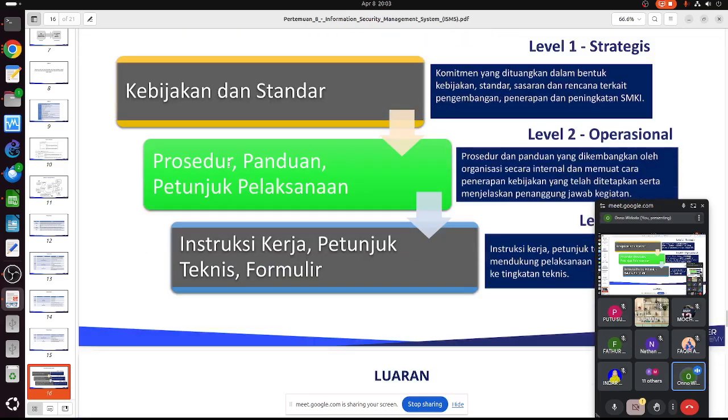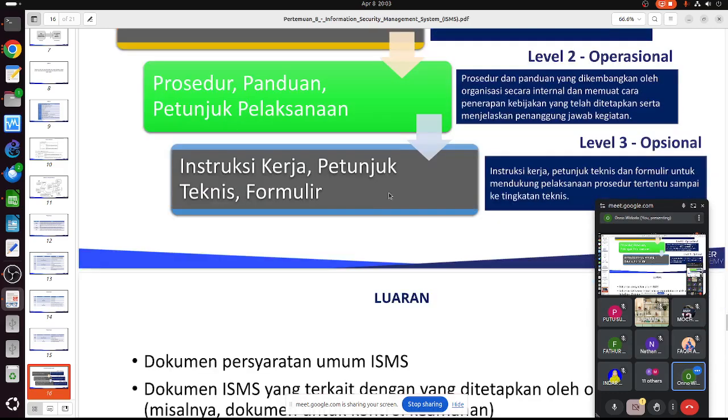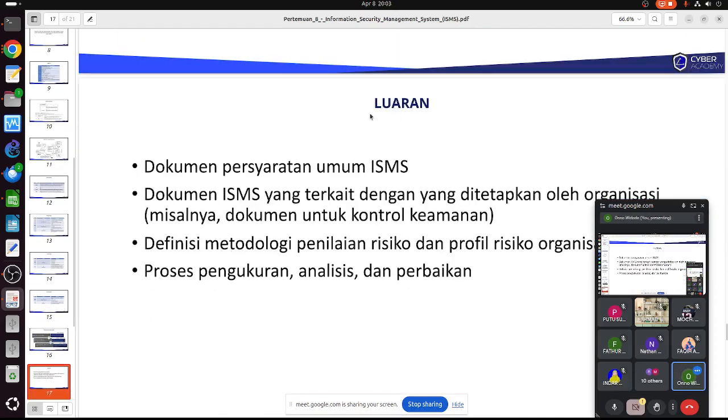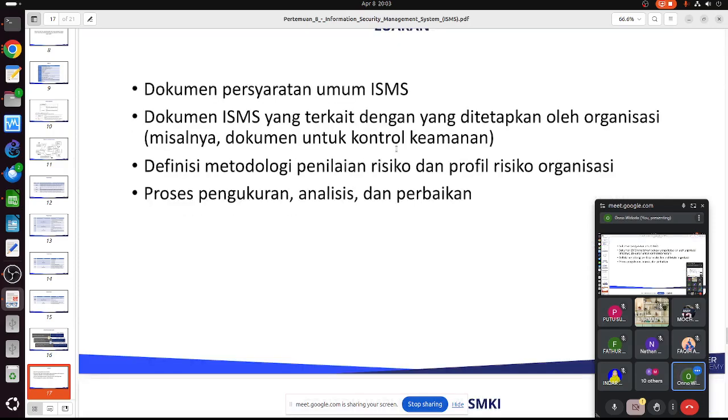In the operation center, we have guidance and so on, and the optional. We have this kind of thing for forms and so on. The output is the output of all of these things.